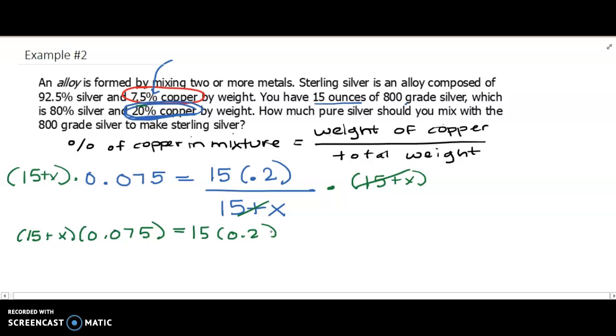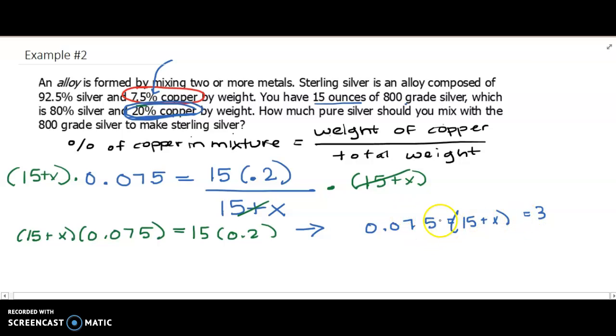Now 15 times 0.2 gives me 3. So 0.075 times 15 plus X is going to equal 3.